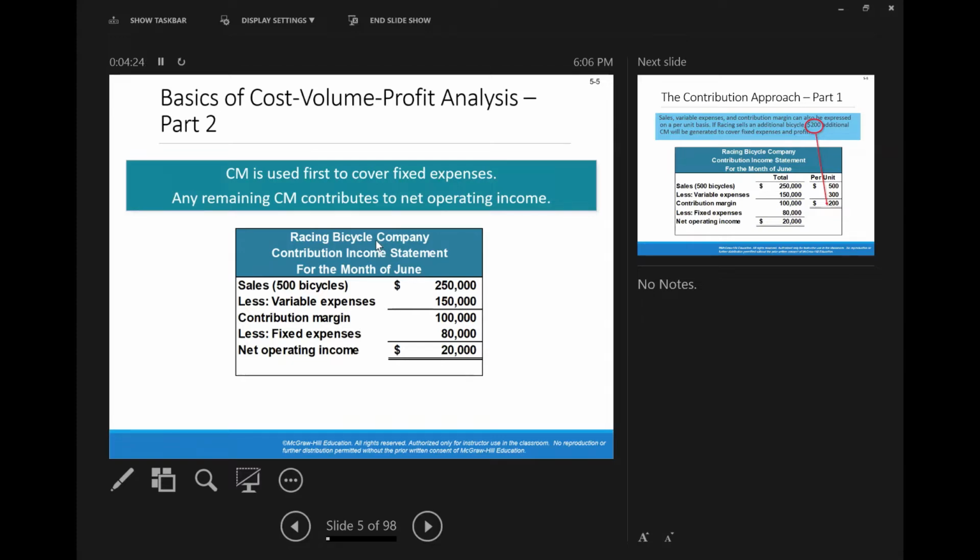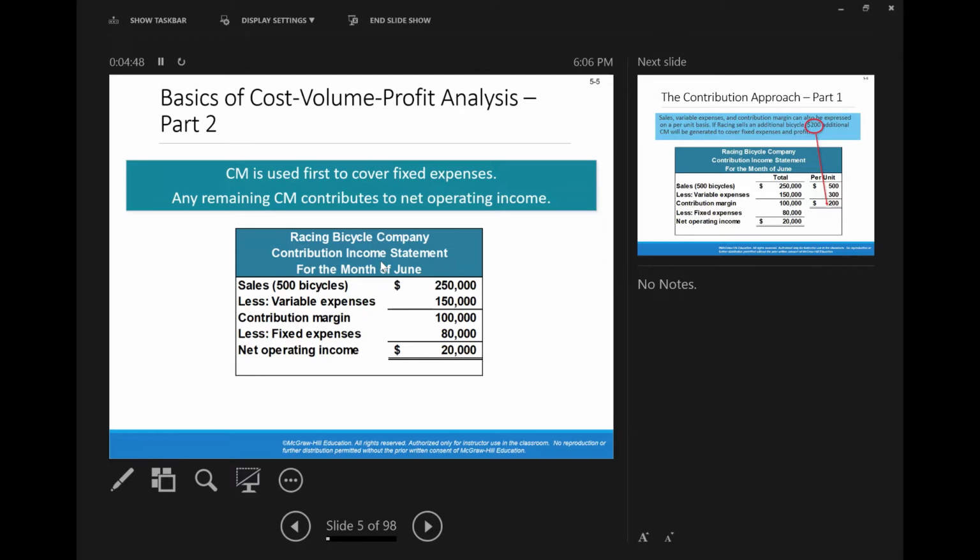Okay, contribution margin is used first to cover the fixed expenses. So remember those fixed costs, we have to pay them. Let's say we have a plant. We have to have that plant in order to produce a product. So all of those costs, the rent, the utilities, insurance, all of that is going to be fixed for the period.